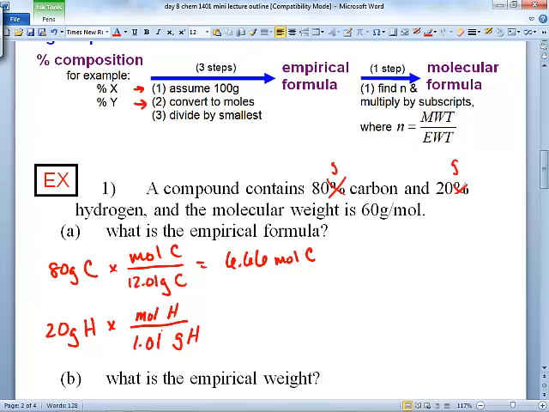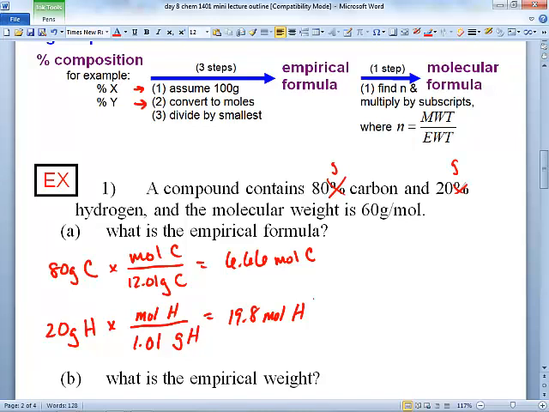We probably shouldn't do much rounding, but things work out better if you don't do too much rounding. But okay, 20 divided by 1.01. I get about, did you get about 19.8? Okay, so we have about 6.66 moles of carbon, 19.8 moles of hydrogen.